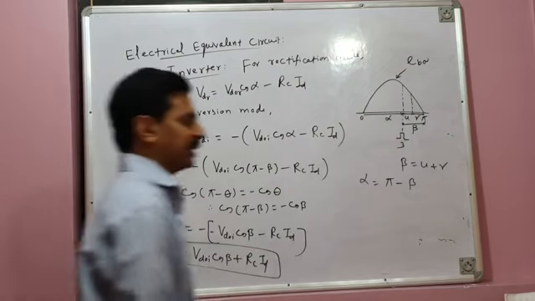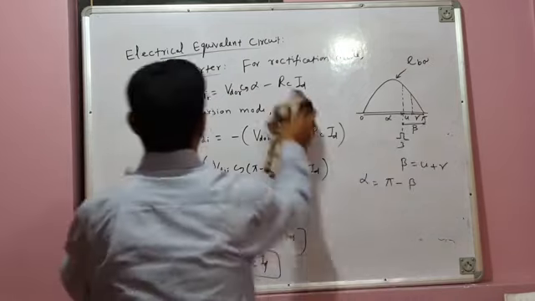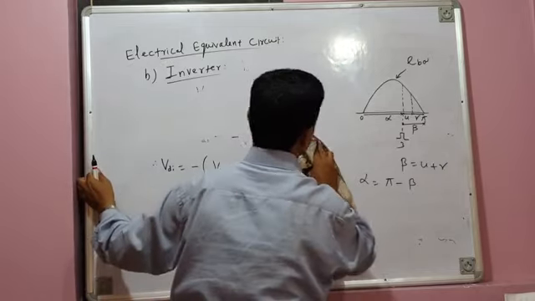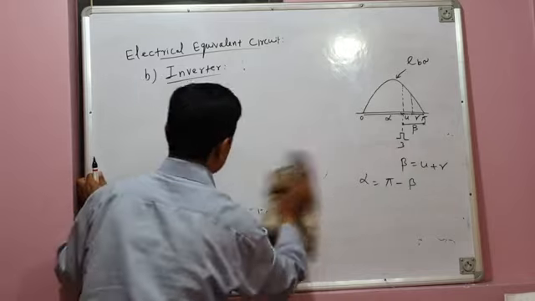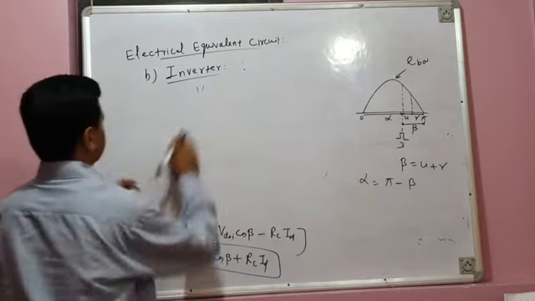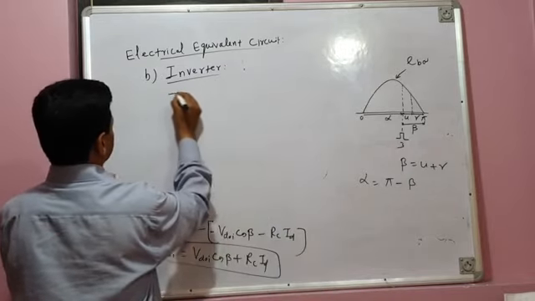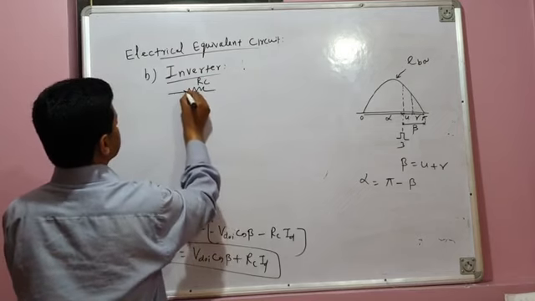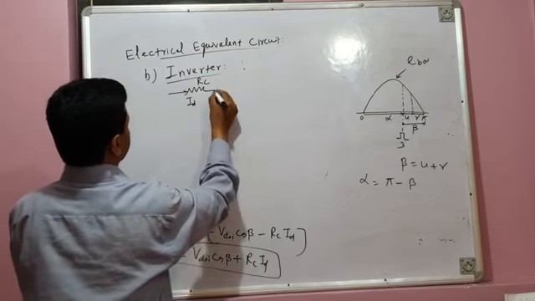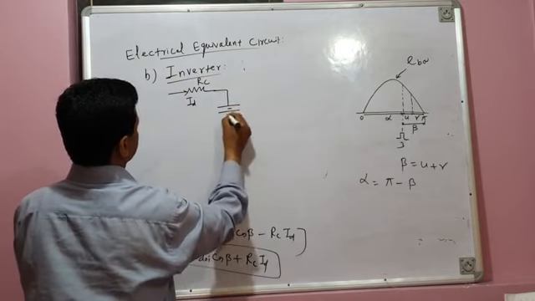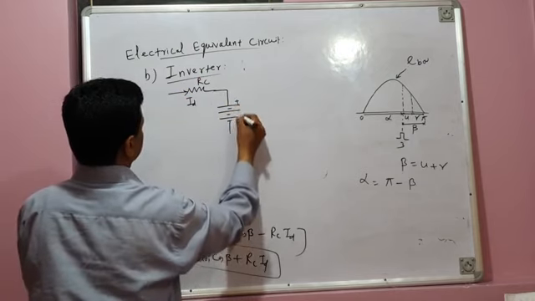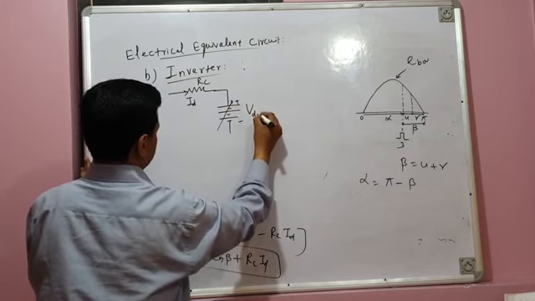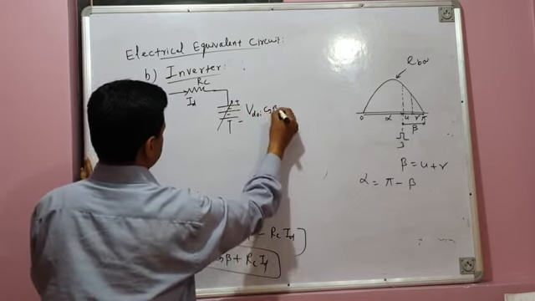And this will give me electrical equivalent circuit of converter operating as inverter. Let me draw electrical equivalent circuit. So my electrical equivalent circuit will be like this. This is equivalent commutation resistance RC, line current is ID. This is the voltage, this is VDOI cos beta.